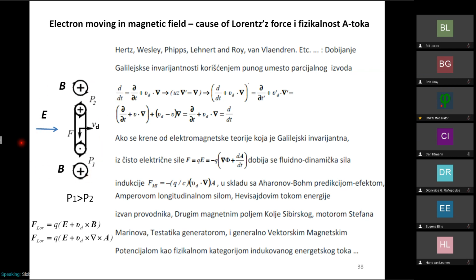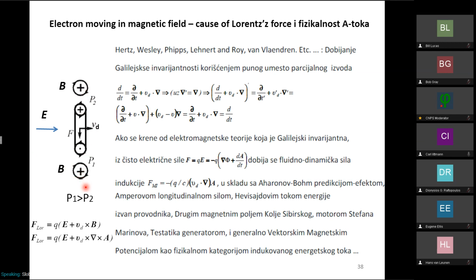I just blew up this previously shown configuration, or a part of it, to show that movement of an electron perpendicular to the magnetic field, an electron that moves already with velocity Vd, is just the cause of this balance of pressure of two of its sides.